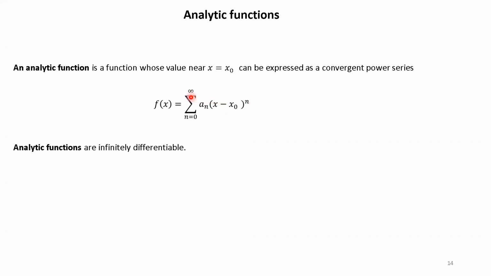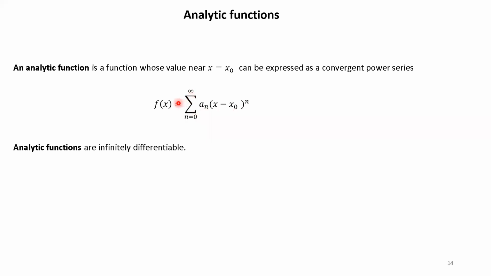Because for an input value x, this function also gives me just some finite value, some number. So that means I require this series to converge. Okay. So today I'll talk about how to actually find this power series.